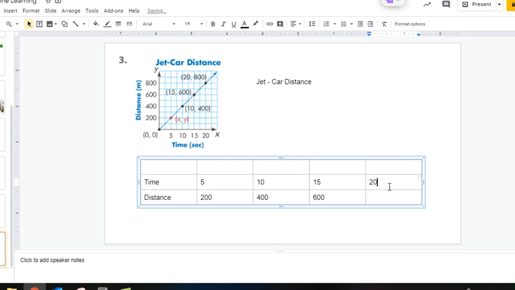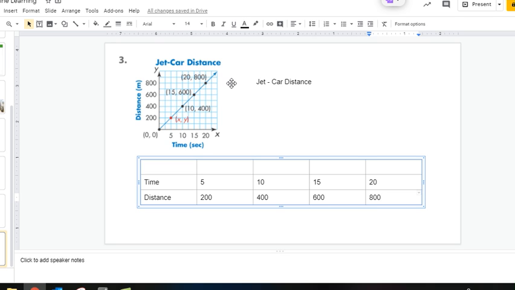And at 20 seconds, 800 miles. I bet you could guess what would be next. For every 5 seconds, we are adding 200. So if you wanted to know how far the jet car traveled in 25 seconds, the answer would be 1,000.